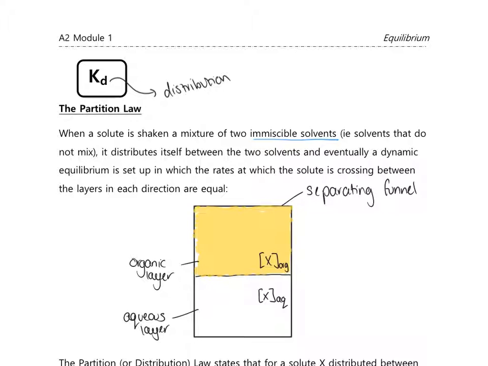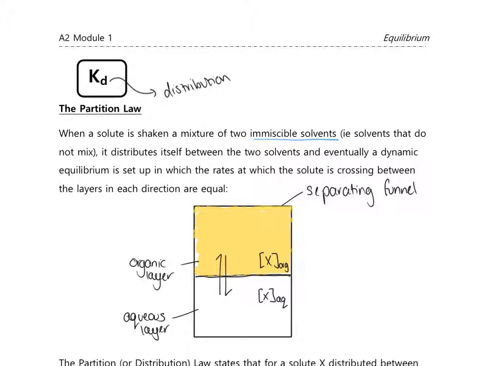What we find is it doesn't just distribute itself and then sit there happily. We find, as with our other equilibrium reactions, that there is an equilibrium going on here. The solute X will be moving across that border between the organic and the aqueous layer. It's dissolved in the aqueous layer, but then maybe some of it will move into the organic layer, and equally some of it will move from the organic layer into the aqueous layer.